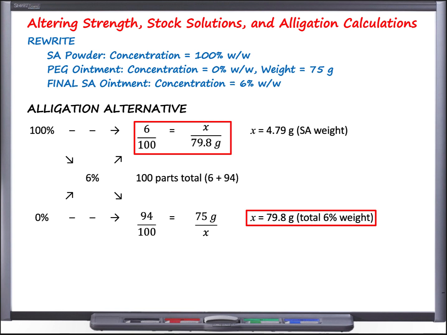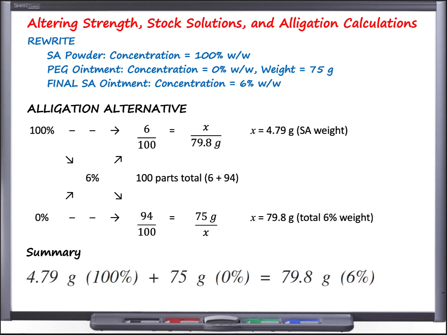We know the combined weight of the mixture, since we just solved for it, is 79.8 grams. So if we solve for X and take 6 times 79.8, divided by 100, X would equal 4.79, and that would be grams of pure salicylic acid. Okay, and that matches our answer from before.